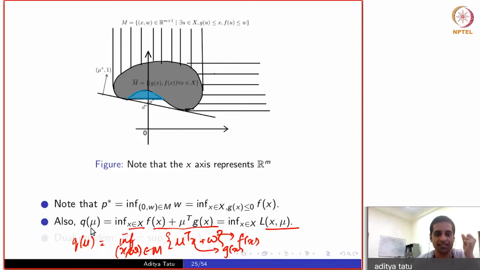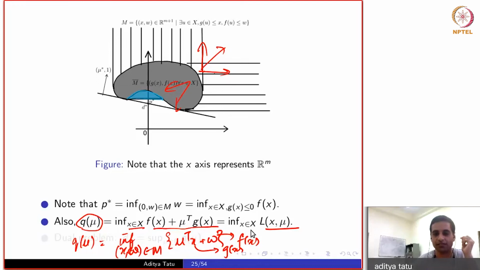So all I'm trying to say is this Q mu is not affected by whether you are taking Q mu of M or M bar, because Q mu is always obtained by shifting hyperplanes to the left and bottom, whereas the difference between M bar and M is always towards the right and to the top. So Q mu for M and Q mu for M bar would be the same as long as your mu is positive or at least non-negative.